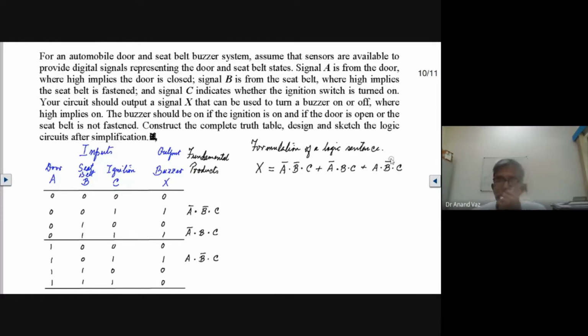And here let's see what's the economics involved. How many gates do we require? You can see that we require one AND gate, 2, 3, 4, 5, 6. We require 6 AND gates.